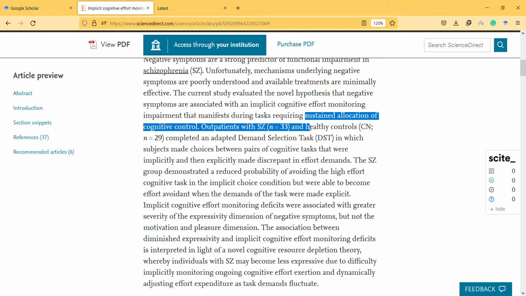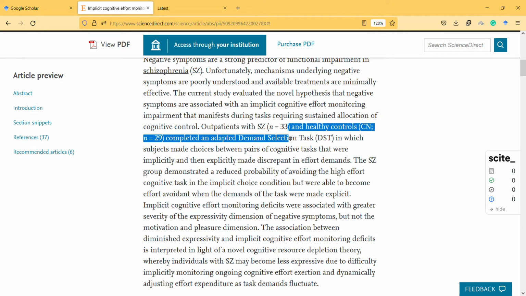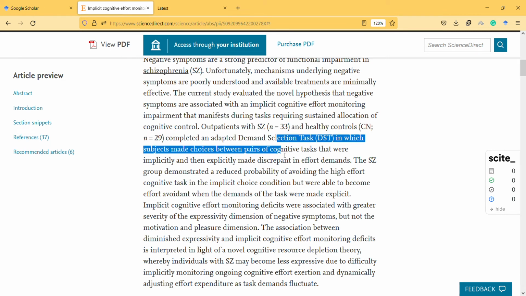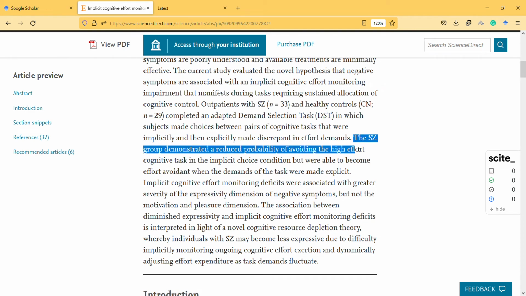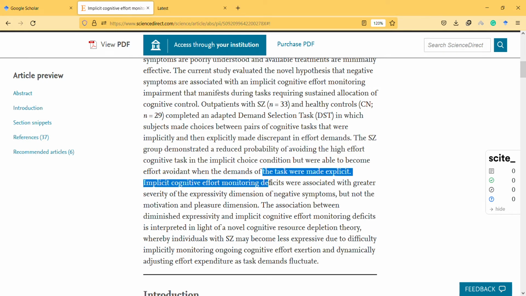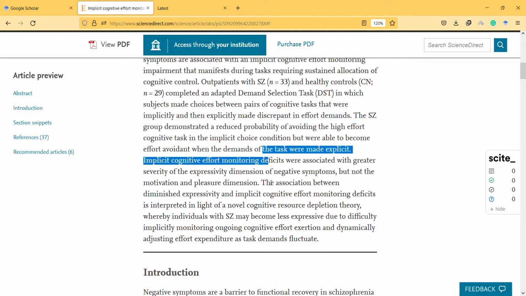In this study there is also a control group, demand selection task, and the schizophrenia group demonstrated a reduced probability of avoiding the high effort cognitive task in the implicit choice condition, but were able to become effort avoidant when the demands of the task were made explicit.